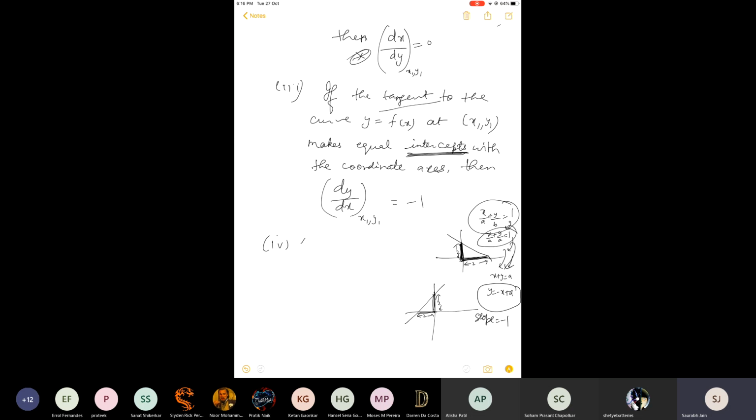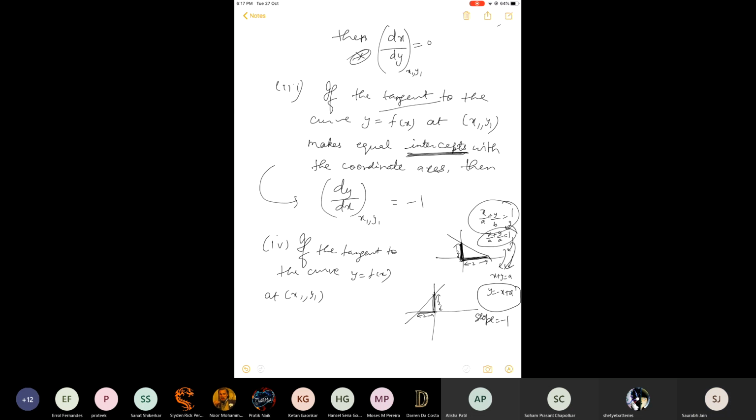Finally, the last point here. See, actually these statements come as they are in the question. They will say that if this is making equal intercepts, you can quickly understand that dy by dx is -1.